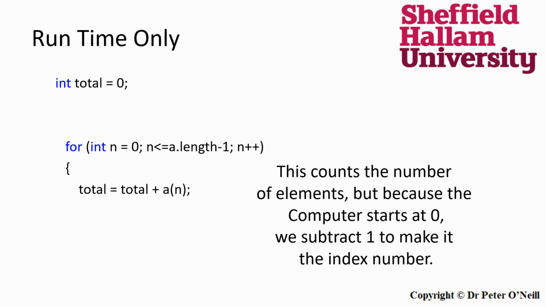So we initialize total to begin with as 0, and then we say that total equals total, so 0 equals 0 plus the first number that we put in. And then it'll equal whatever that first number was, and then adds the next number onto it, and so on. And that again will be put into a method, and the method would be sum array, and we're sending it to it.